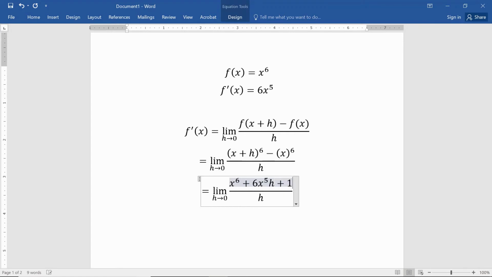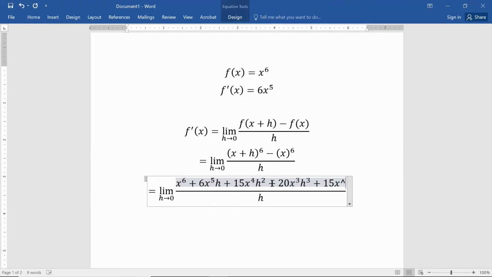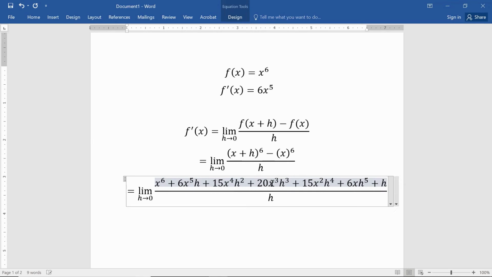And then plus 15x to the 4th times h squared. And then 20x to the third times h to the third. And then 15x to the second, h to the fourth, and then 6x to the first, h to the fifth, and then h to the sixth.